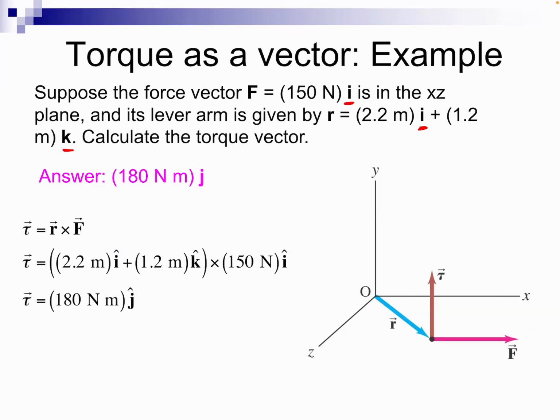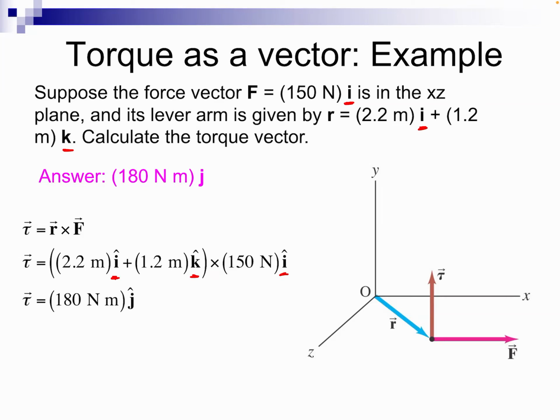It's a relatively straightforward application of the definition. Torque is equal to r, the lever arm, crossed with the force F. The only difference is that the lever arm in this case has i hat and k hat components. So you need to cross that with the force which has an i hat component.